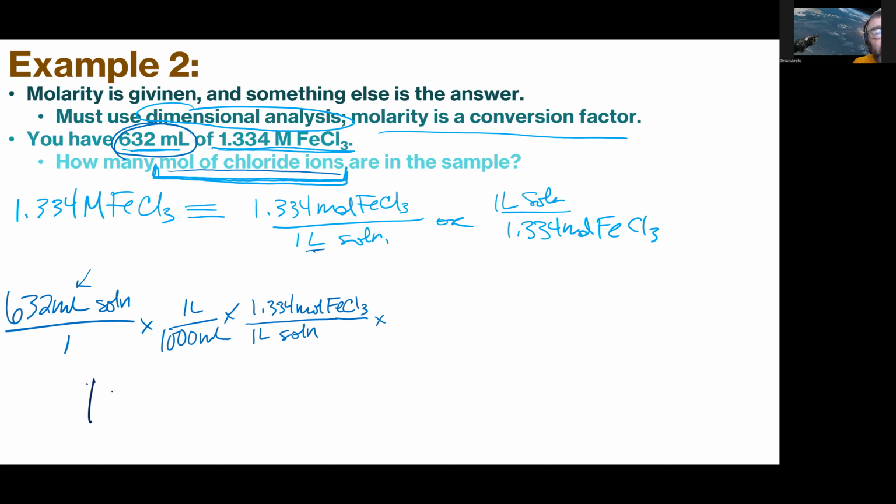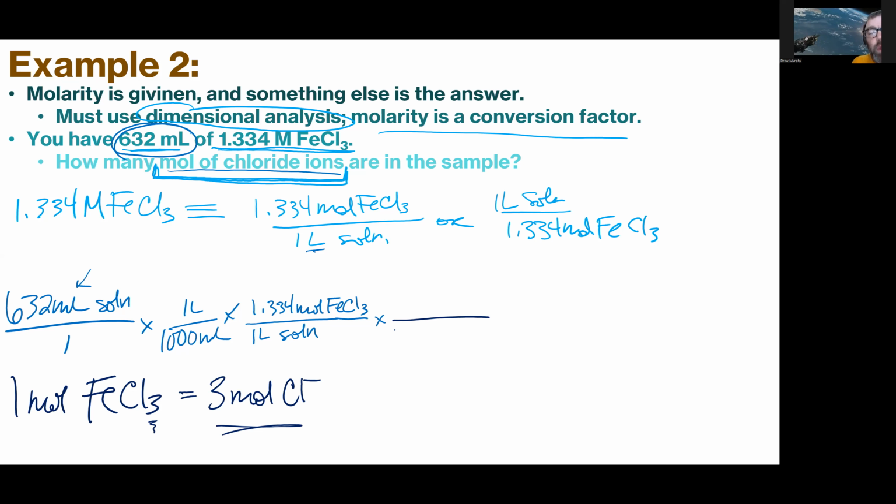If we have FeCl3, if we have 1 mole of this, there's a 3 here, and that means there's 3 chlorides for every 1 FeCl3. So we could say there are 3 moles of chloride in here. And this sets us up for our next conversion factor: 1 mole of FeCl3 has 3 moles of chloride.